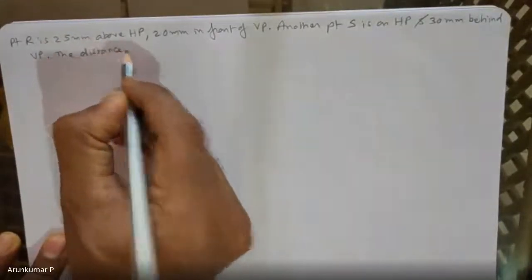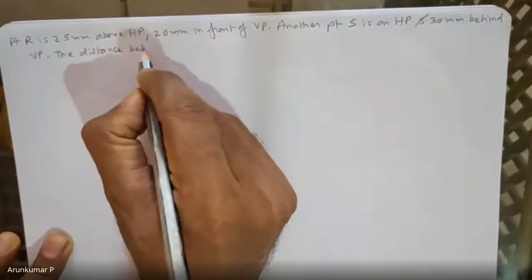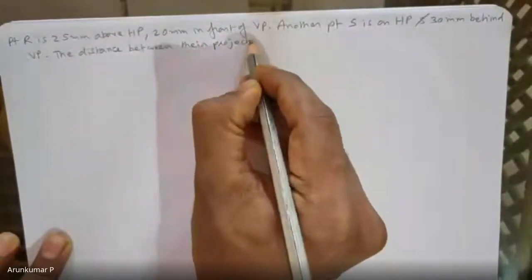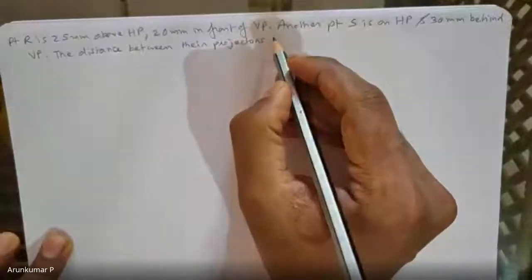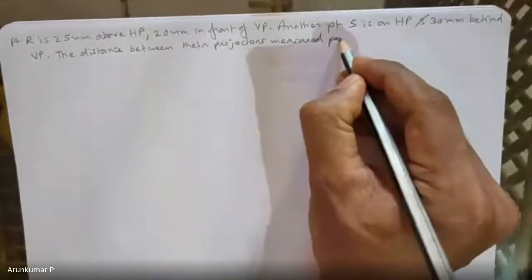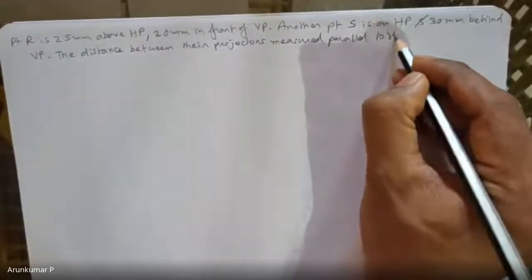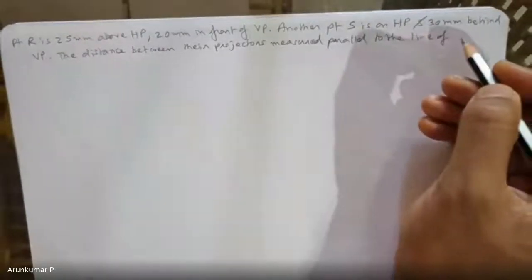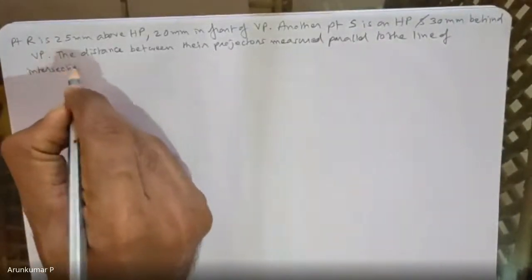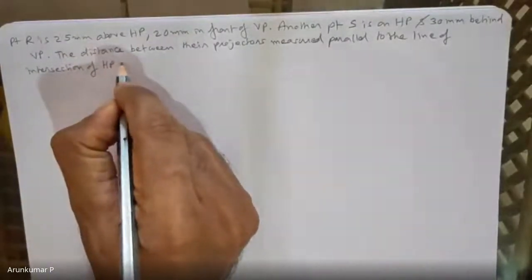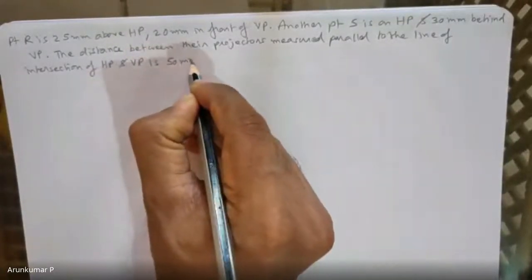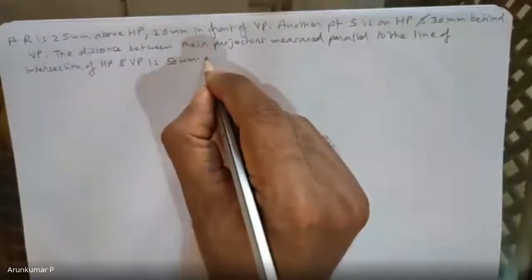The distance between their projectors, measured parallel to the line of intersection of HP and VP, is 50 mm. I'll tell you what this means.